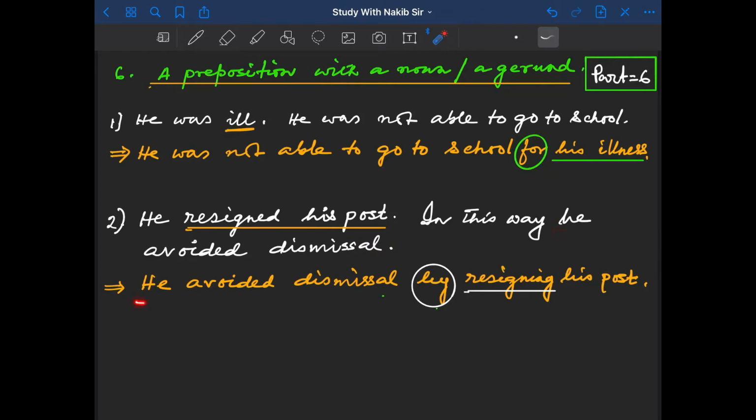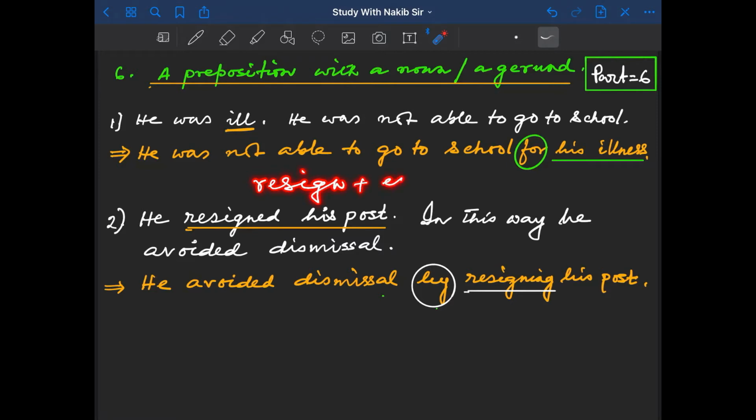Wait here. He avoided dismissal how? In this way. In which way? This way. So come here. He is written here, so he is out. So this is the verb. Okay. Turn this verb into a present participle. That is resign plus ing.